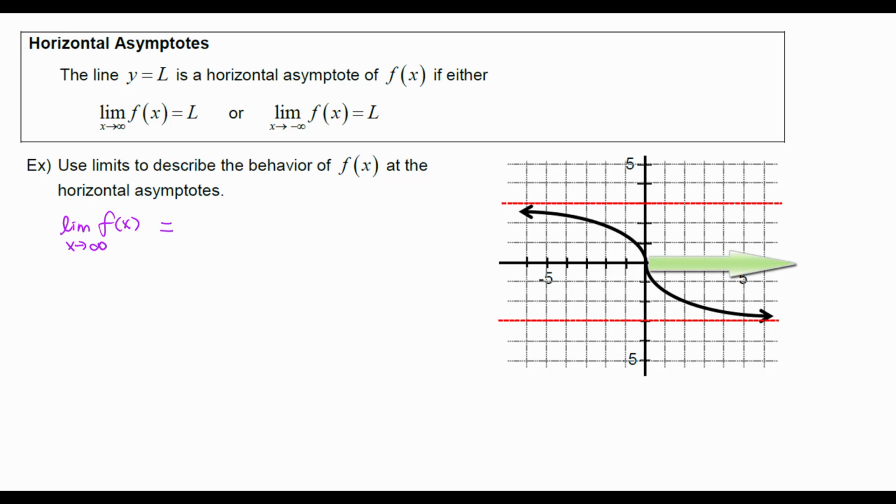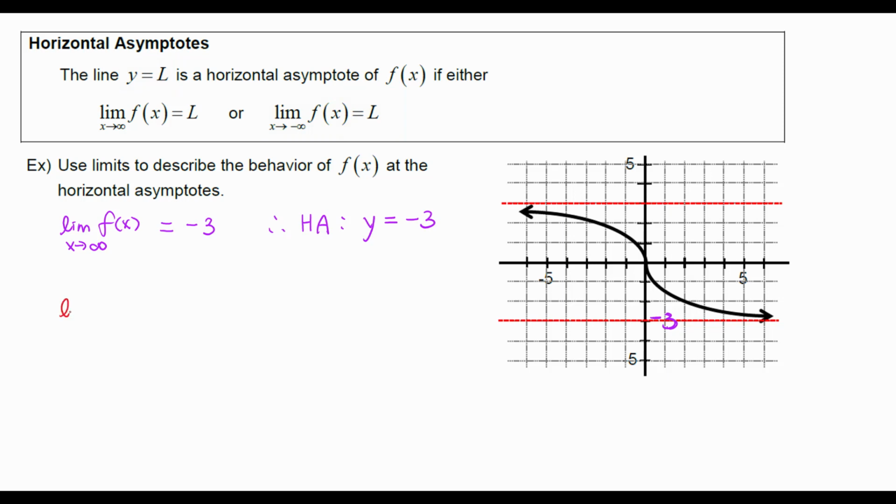As x approaches positive infinity, your function value keeps reaching the value here, which is negative 3. So this limit is negative 3. Your function is reaching negative 3 as x approaches positive infinity. So by the definition above, you do have a horizontal asymptote, which is y equals negative 3.